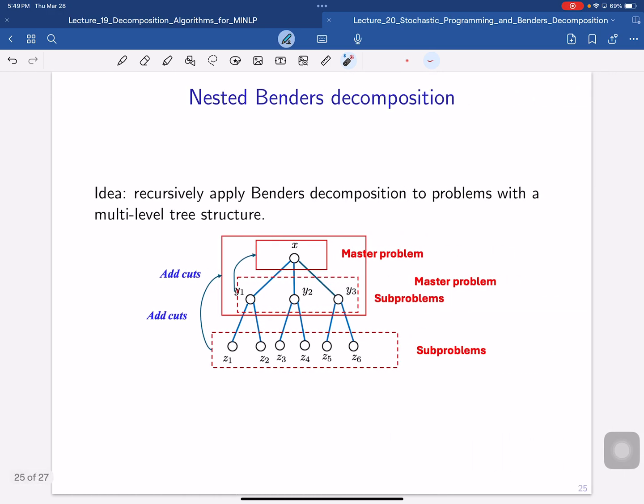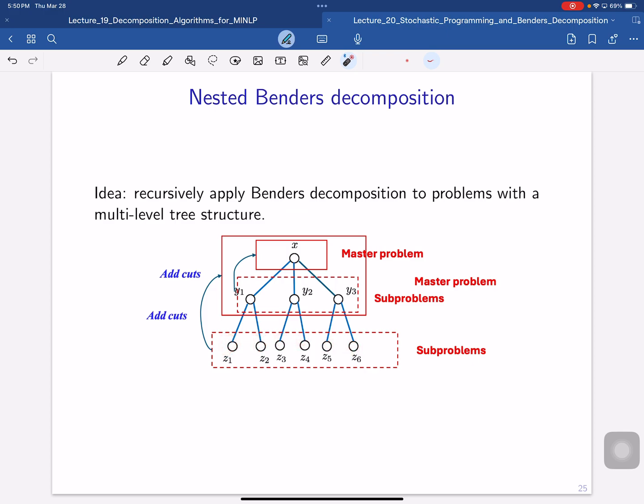Just very quickly, this is not required in this class, there's something called nested Benders decomposition. The idea is how you apply Benders decomposition in a recursive fashion. If you have a problem with this type of tree structure, and you treat this whole thing as a master problem, then the rest of the problem can be decomposed by those z variables.